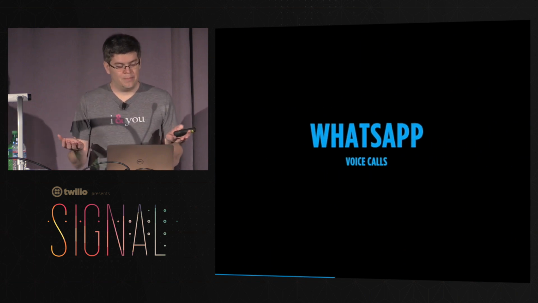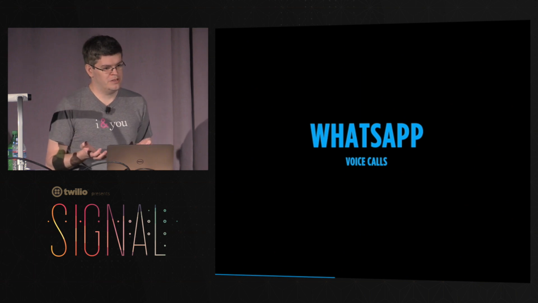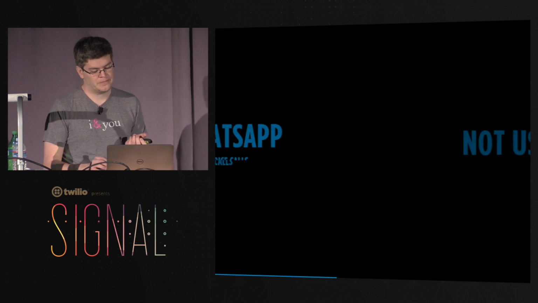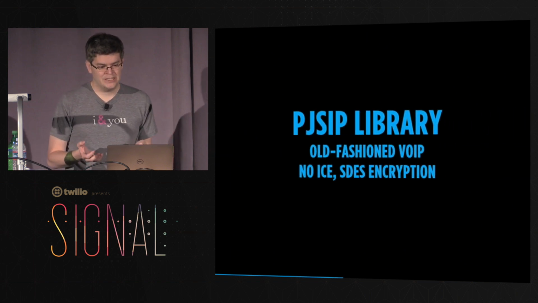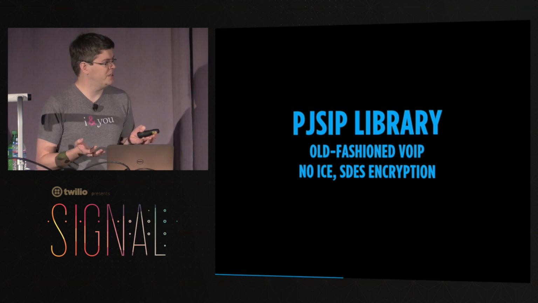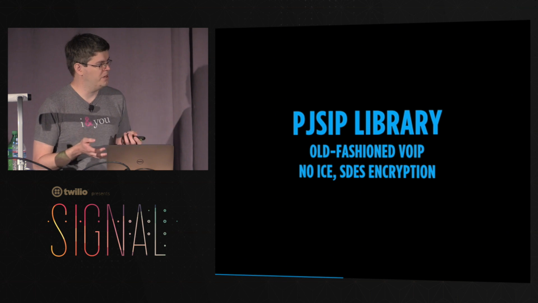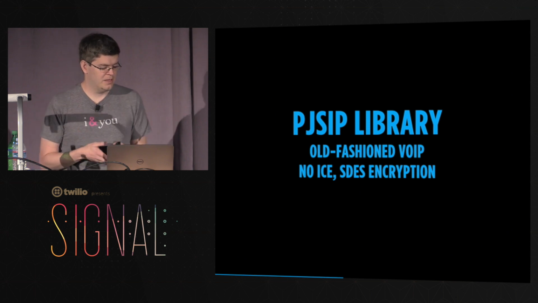So WhatsApp is doing voice calls. They rolled it out in the end of March for Android and a little later on iOS. It's not using WebRTC. Instead, it's using an old library called PJSIP, which is rather old-fashioned. It's a couple of years old. It's quite reliable.